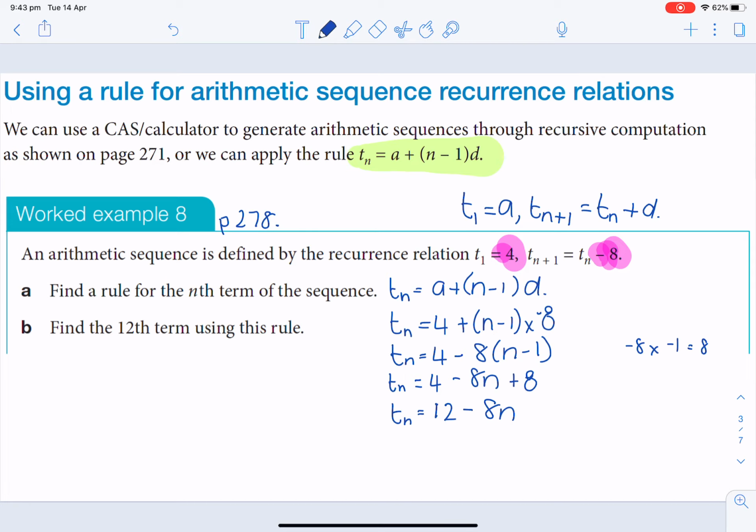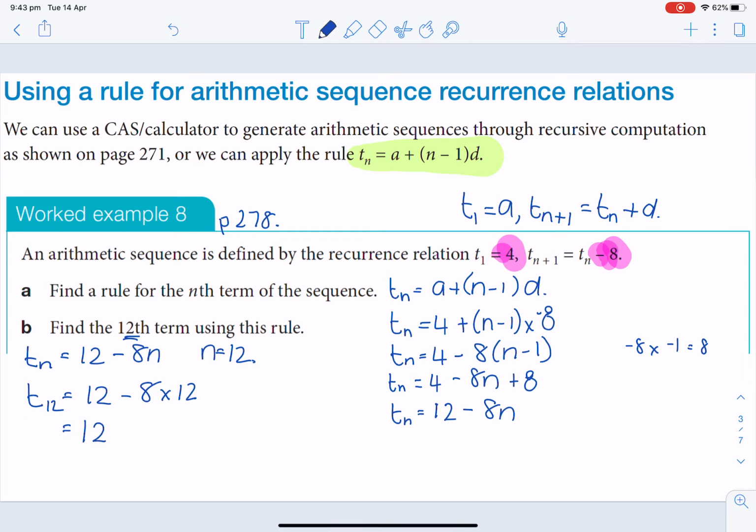So part B of this says find the 12th term using this rule. So all I'm going to substitute in is T of n equals 12 minus 8n. I want my n to equal 12, so I want my 12th term. I do T of 12 equals 12 minus 8 times 12.